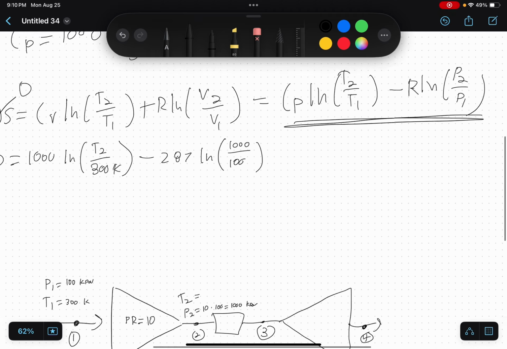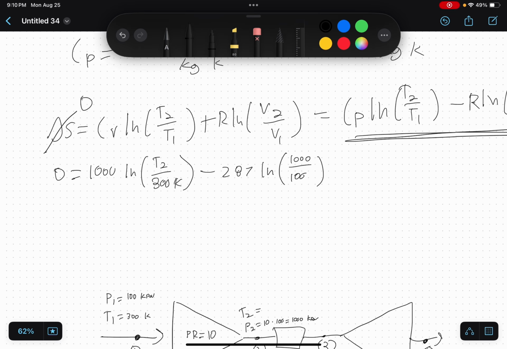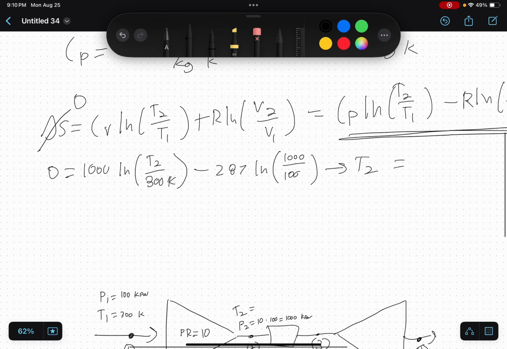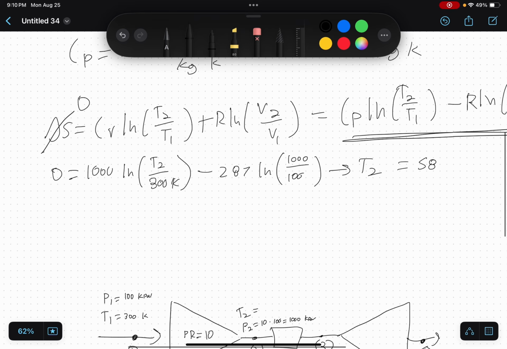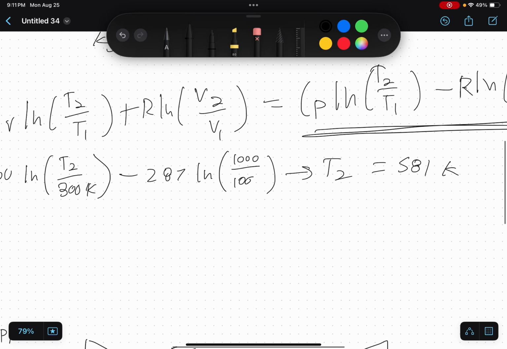I could have just done 10 because that's the pressure ratio. That's fine. Cool. And from this, we can solve for T2. I did it on my computer. It is 581 Kelvin. However, as I mentioned, this is the isentropic version. So to denote that, I'm going to write an S there. So T2S is 581 Kelvin.